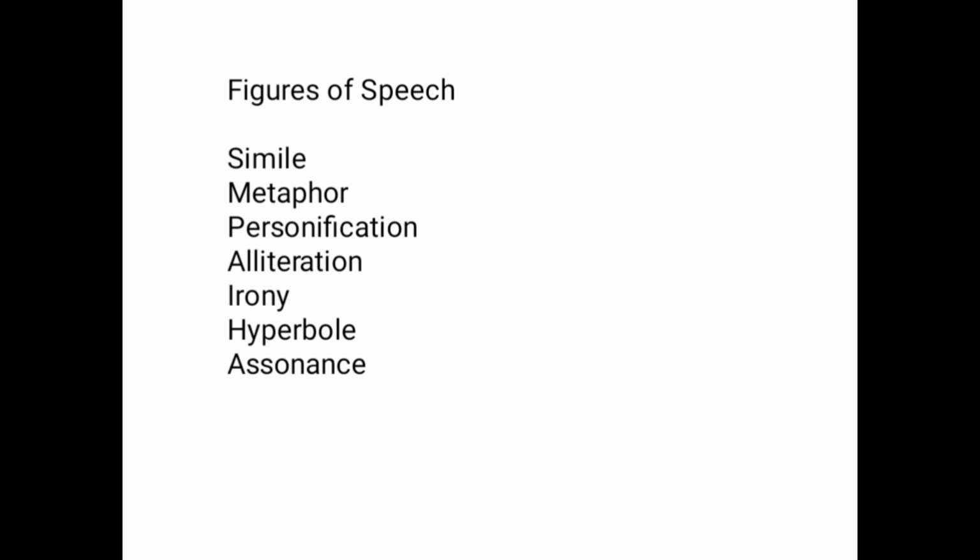Now we have here simile. We have learned this, and it's in your note. Simile is a comparison of two things where you use words like "like" or "as." Take for instance when you say, "Come on, you're just so slow as a snail."